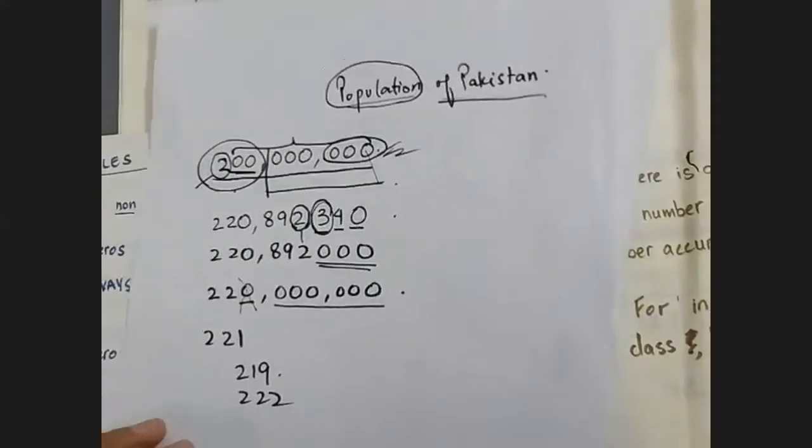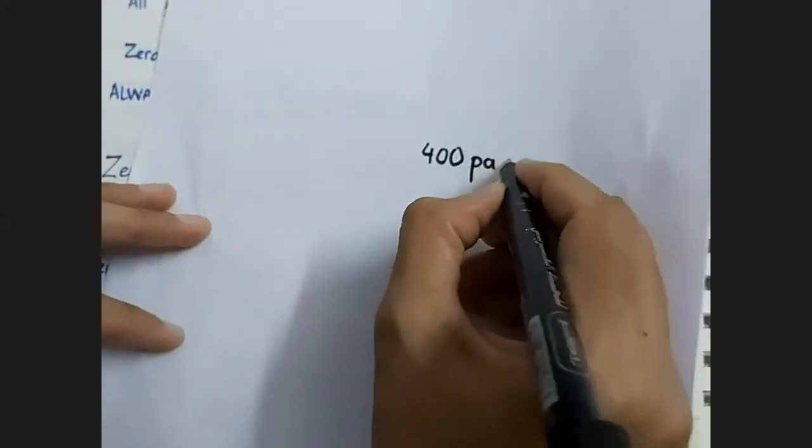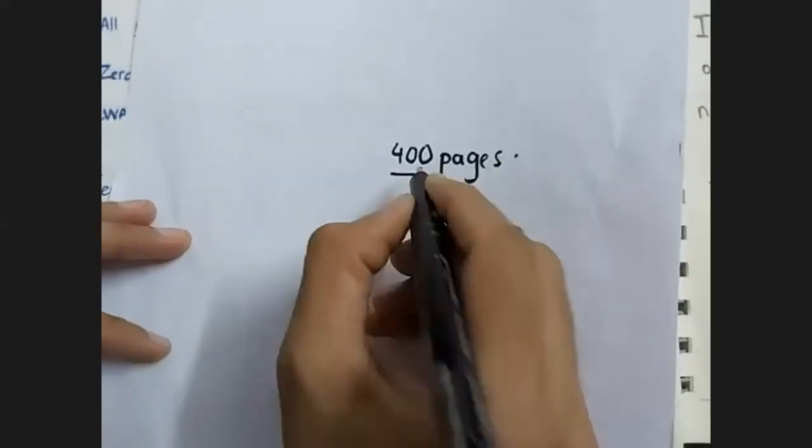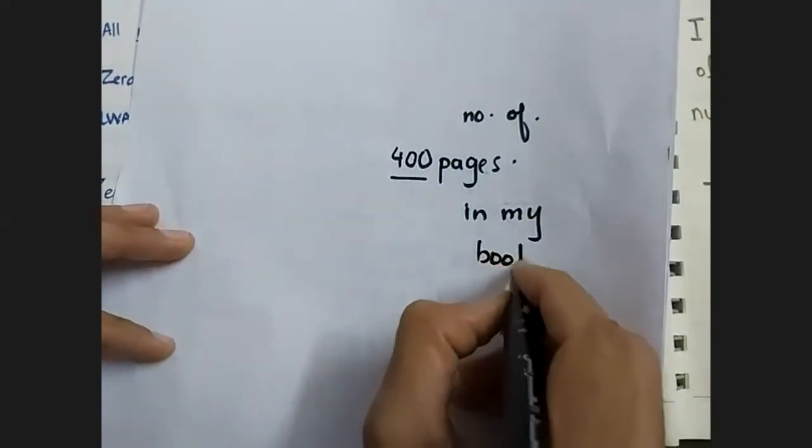I'll give you another example. For example, I say that my physics book has 400 pages. This is the number of pages in my book. Why am I writing this?